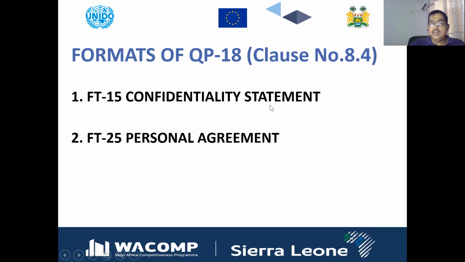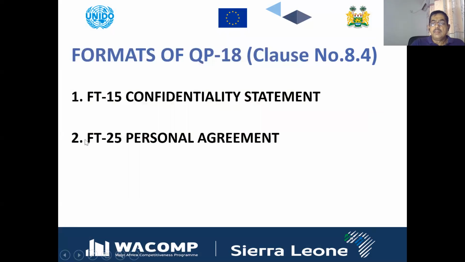Confidential statement, you have to get it signed from each and every employee and auditor who is related with your management system certification body, and then you have to sign this personal agreement with the auditors you are going to send into the organization for audit purpose.